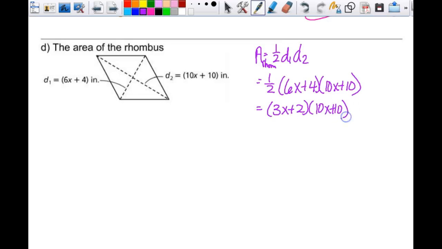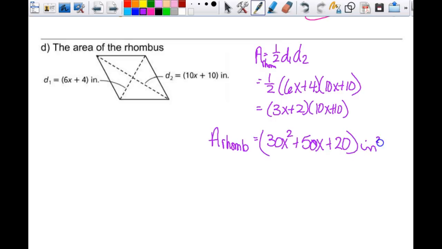If you are worried about not knowing how many to multiply it by, then go ahead and multiply them and then take half. Just make sure. But what you get is, let's see, 30x squared plus 20 plus 30 plus 50x squared. No, I'm sorry, 50x plus 20. Is that right? Okay, and parentheses, inches squared.